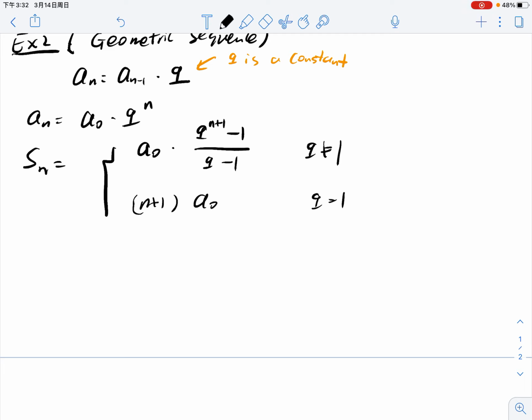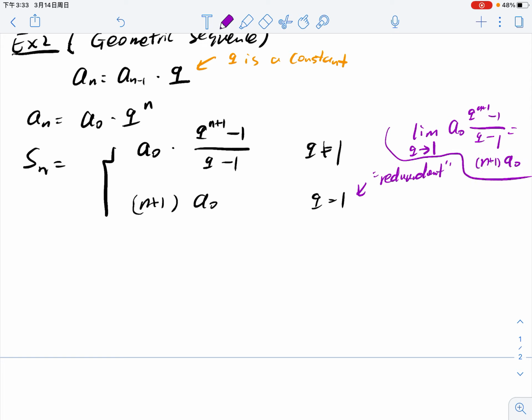You don't need to remember the formula. For example, I would say the second one is kind of redundant, because if you let Q go to 1 in the first formula and apply L'Hopital's rule, you will get the second formula.